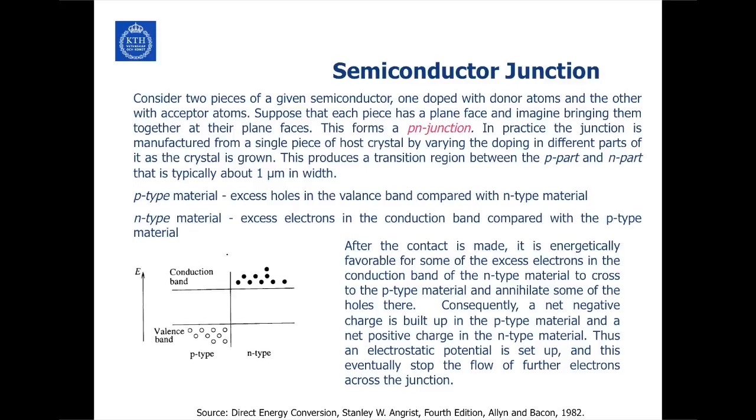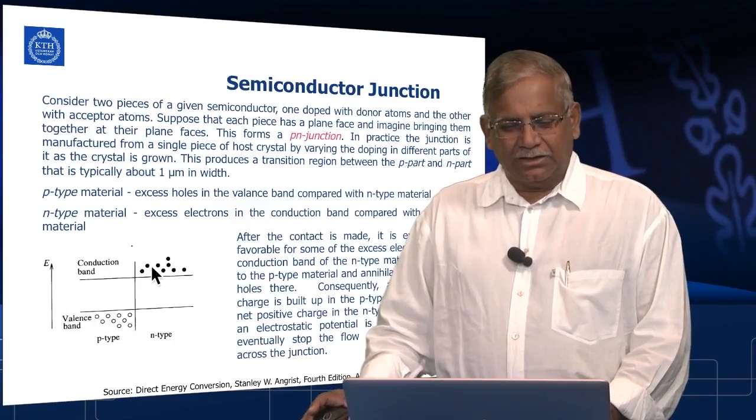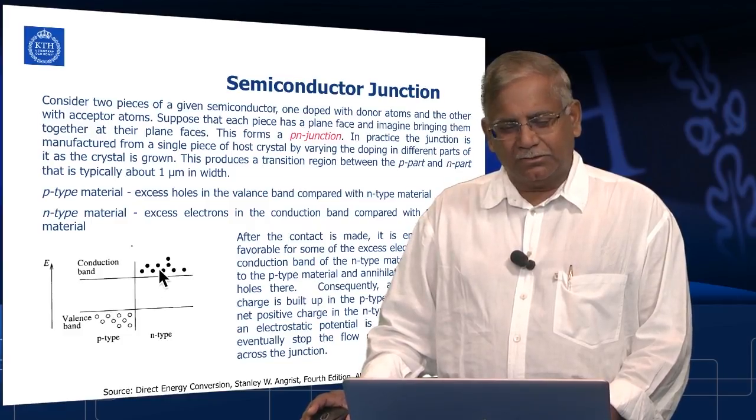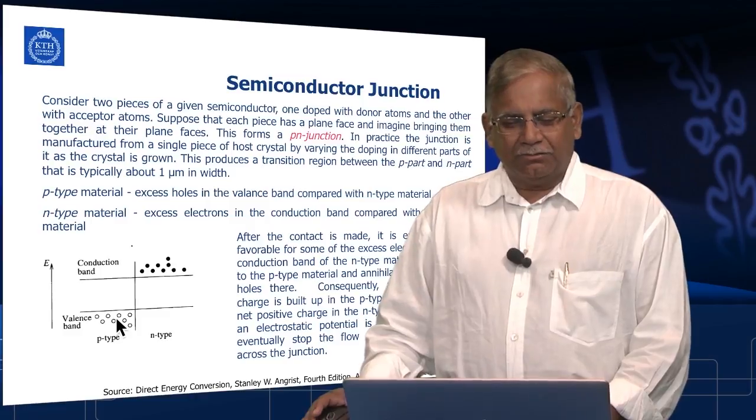Consequently, there is a net positive charge in the N-type material. An electrostatic potential is set up between these two material parts, and once the potential is set up, these things stop flowing from the conduction band to the valence band.